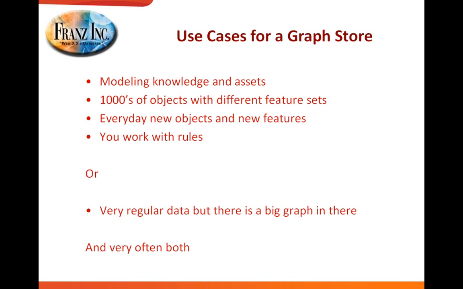And then because this gets so complex, you need some abstraction layers on top of your objects, so you will want to work with views and rules. Although sometimes also the use case is just that you have very regular data, but there's a very big graph in there. And sometimes you get both.